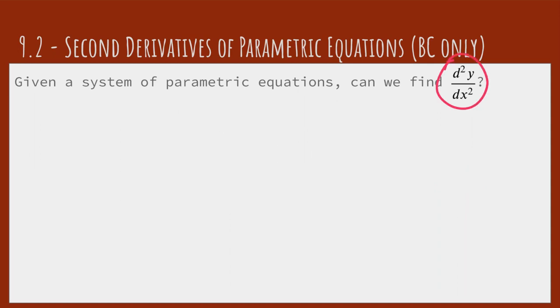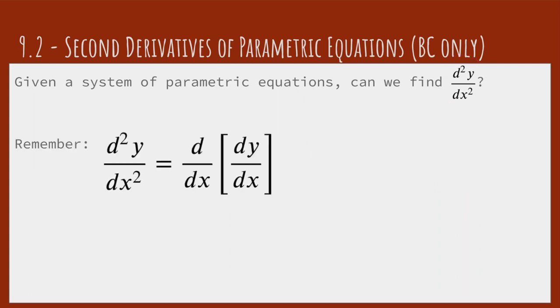So again, remember the notation for second derivatives, and I'm going to rewrite that. The second derivative is given by the derivative with respect to x of dy/dx. And the important thing to keep in mind here is that this is some function of t.